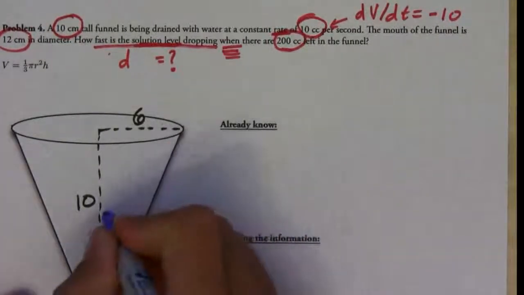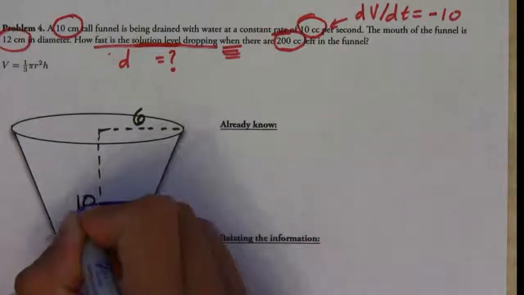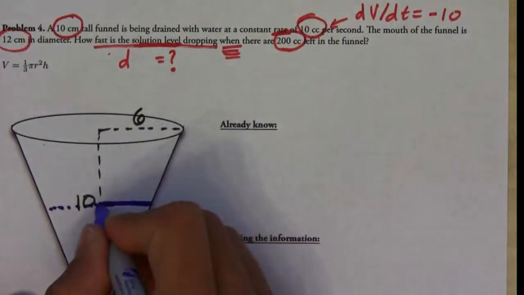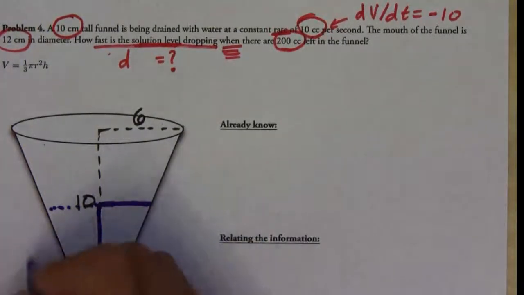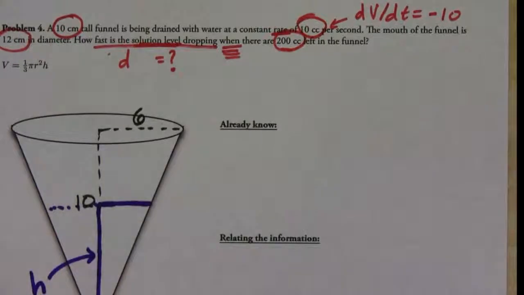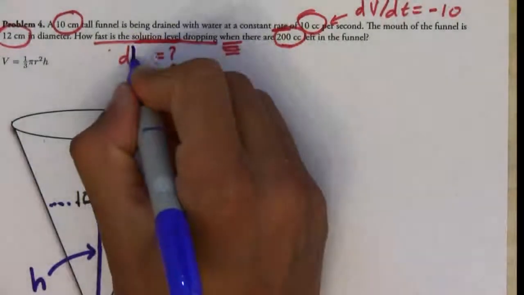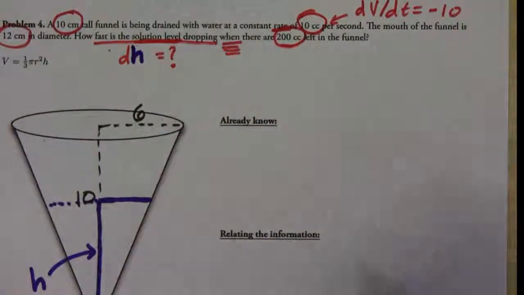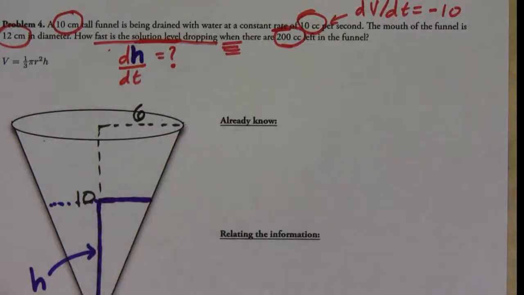Let's say that this represents the solution level, and let's call that h for height. So what I'm looking for is the derivative of the height with respect to time, the height of the water.